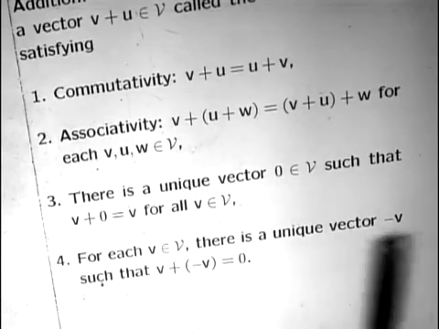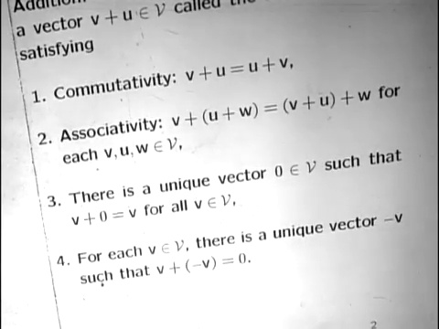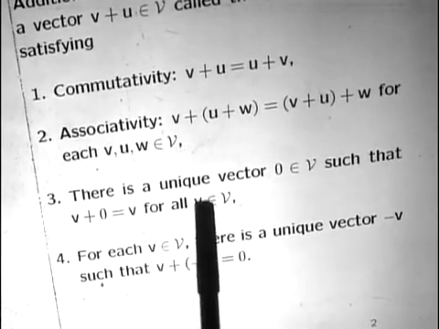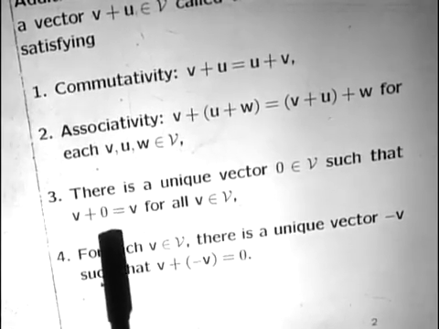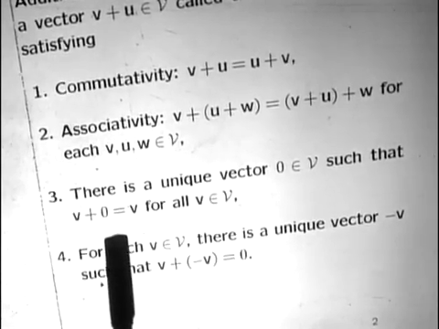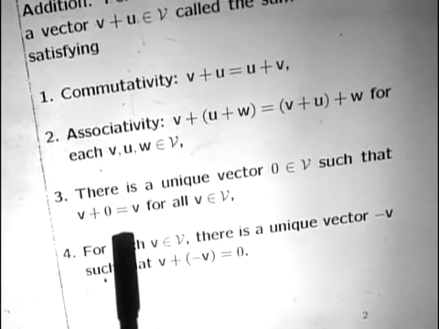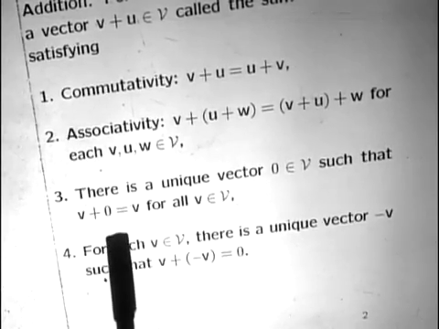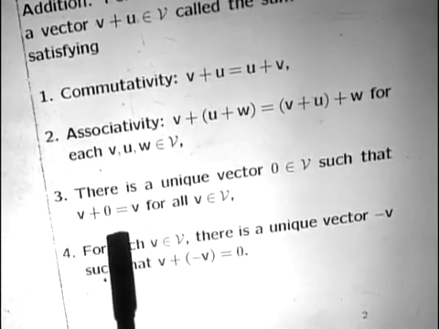There's a unique vector 0 such that when you add 0 to a vector, you get the same vector again. Now, this is not the 0 in the real number system. It's not the 0 in the complex number system. In terms of vectors, if you're thinking of n tuples, this is the n tuple which is all zeros. And in terms of other vector spaces, it might be other things.